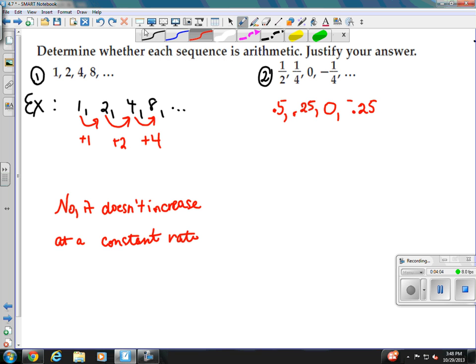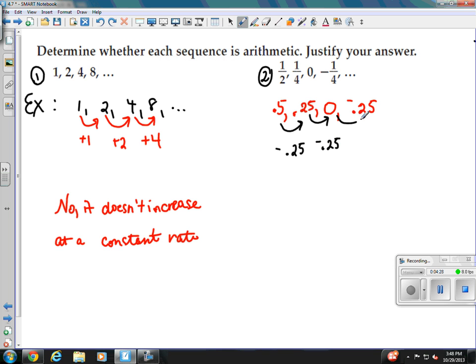So then we're just going to look here. We need to figure out how we get from 0.5 to 0.25. We get there by subtracting 0.25. Then from 0.25 to 0, once again, I subtract 0.25.